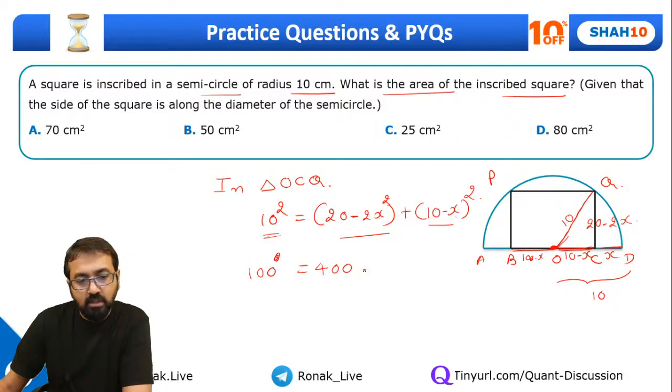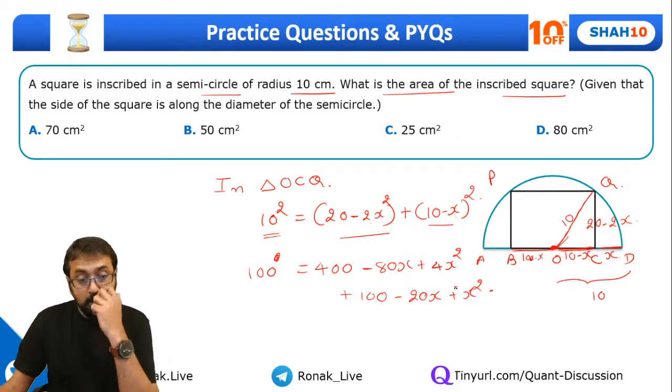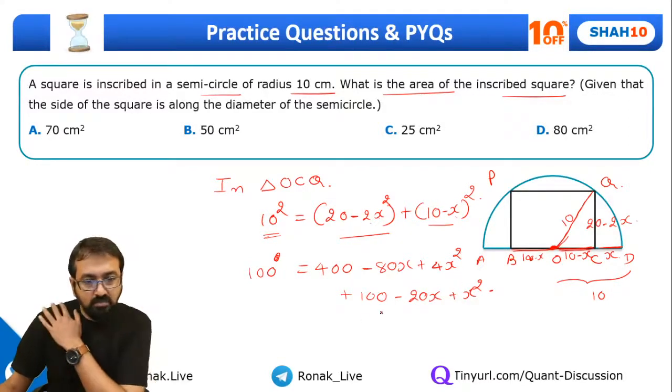So 400 minus 20 into 2 into 2, 80x plus 4x square plus 100 minus 20x plus x square.